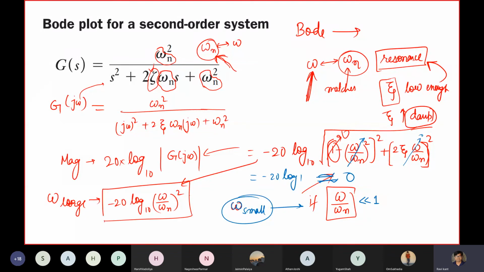So when ω increases by a factor of 10, this is a square, so the overall magnitude increases by a factor of 100, I mean log of 100, as a thumb rule.